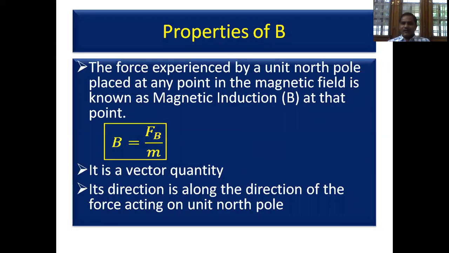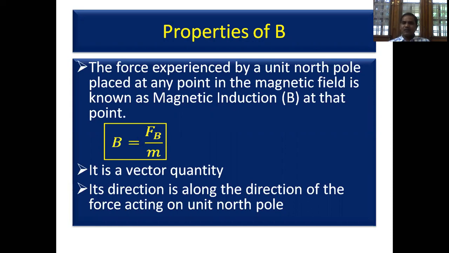So what is the magnetic field? In the last classes, we had a detailed discussion that the space around the magnet in which its influence is felt is called the magnetic field. In the magnetic field, when we keep a unit north pole at any point, it can experience a force.